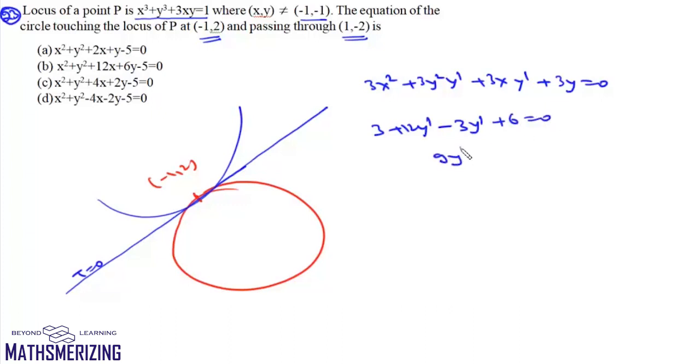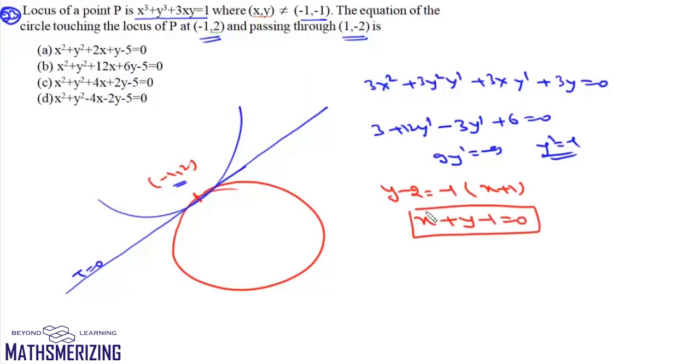So we'll get 9y dash equals minus 9. So the value of y dash is minus 1. So now we have the slope and we have the point. We can write the equation of the tangent as y minus y1 equals m (x minus x1). So we'll get x plus y minus 1 equals 0.